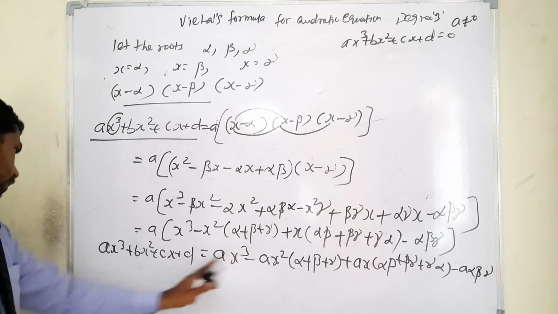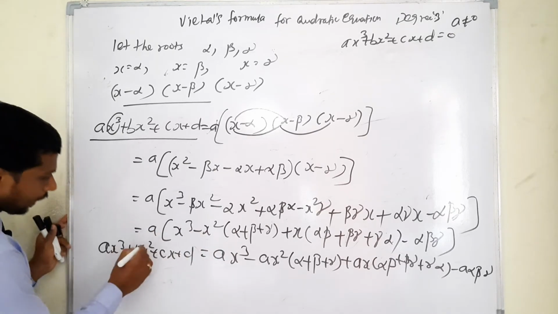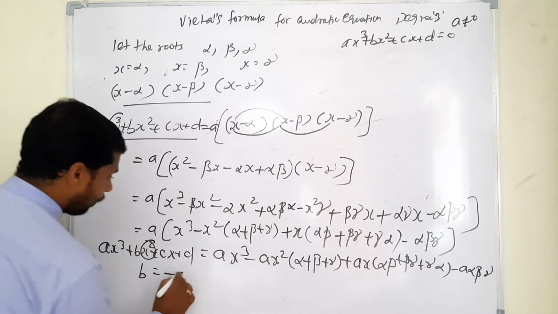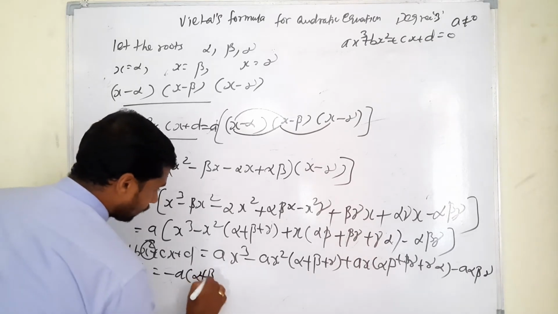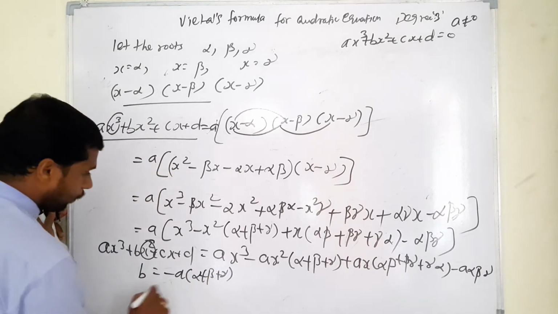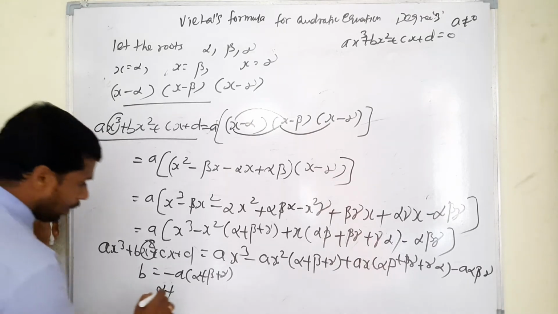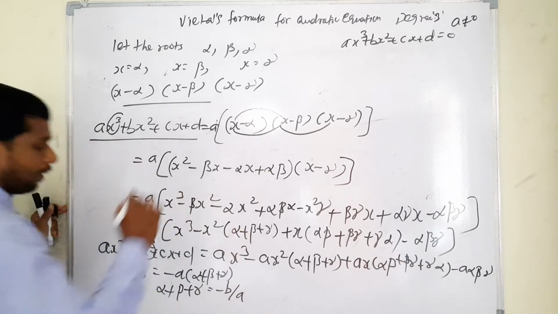Now equating each and every term: x cube equating means a, so we can neglect it. Another one, x square: b is equal to, on the opposite side, minus a into alpha plus beta plus gamma. Therefore we can say the sum of the roots taken one at a time, alpha plus beta plus gamma, is equal to minus b by a. First condition.